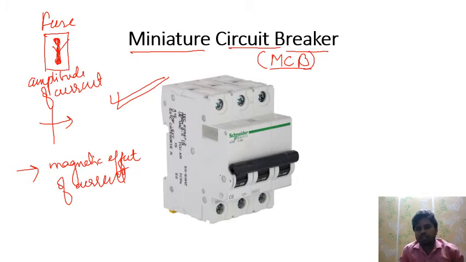So as soon as the amplitude or magnitude of the current increases, the magnetic effect will also increase. Yes or no? Yes, yes, students. So once the magnitude of the current increases, the magnetic effect of the current will also increase. So what will happen?